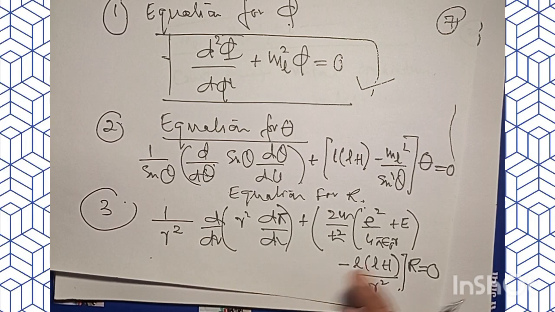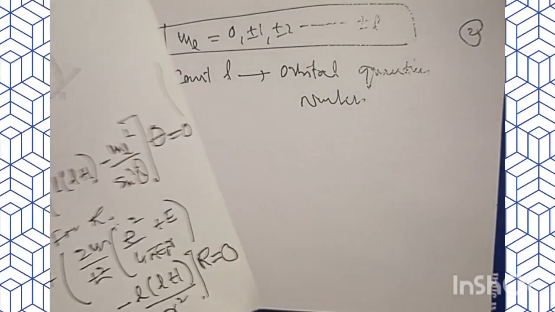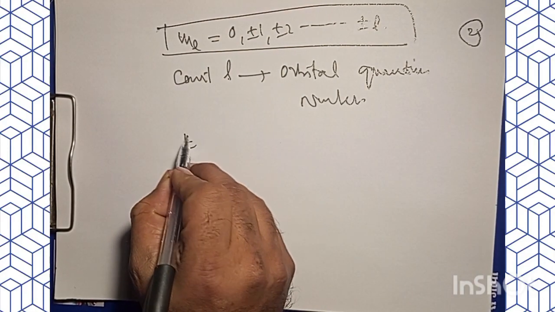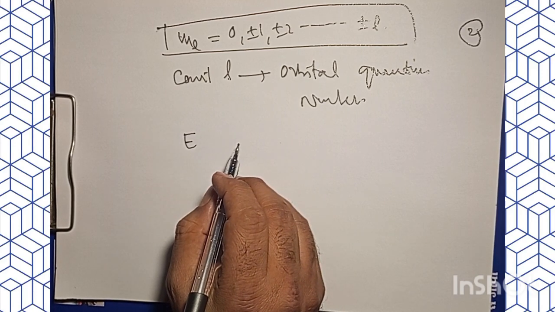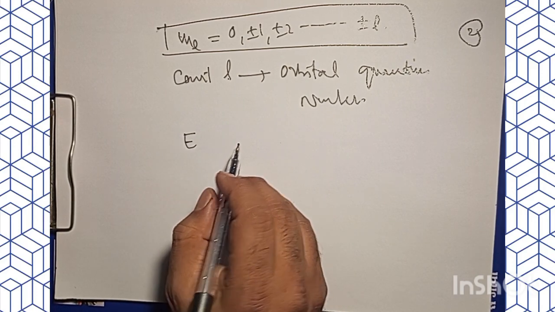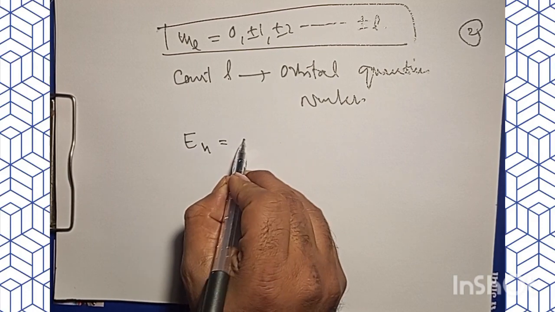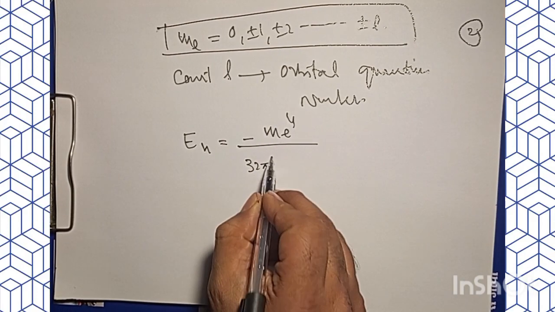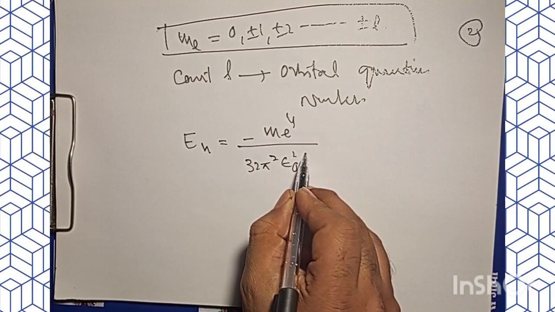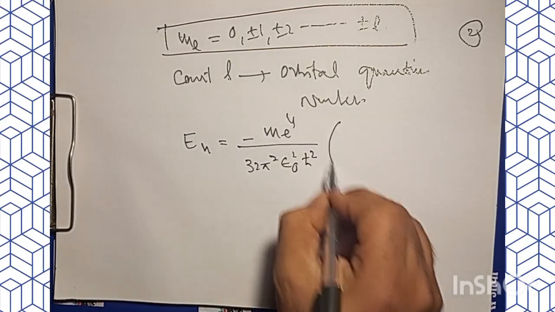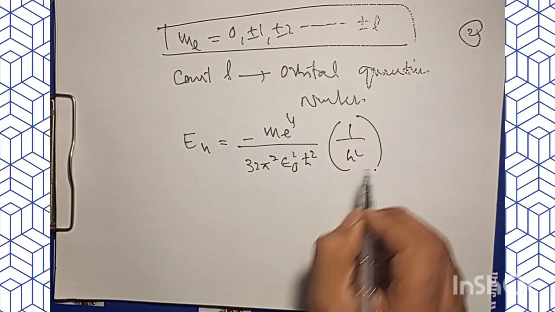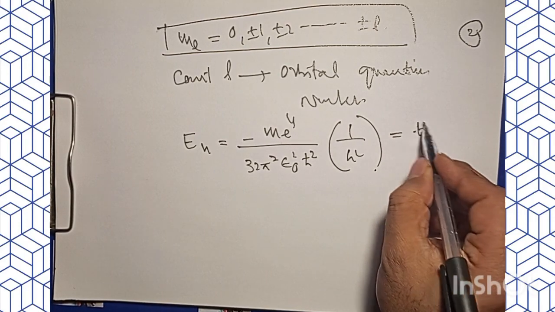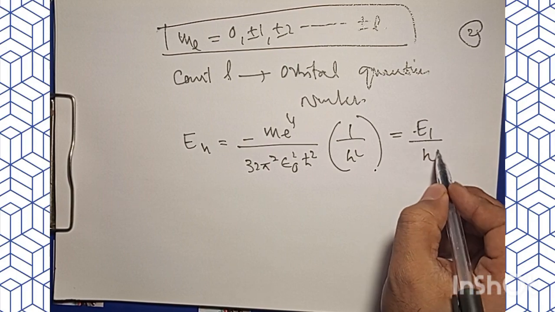When this radial part of Schrodinger's wave equation is solved, this energy comes out to be minus me to the power of 4, over 32 pi square epsilon naught square h cross square, times 1 by n square. And so to say, this can be treated as E1 by n square.